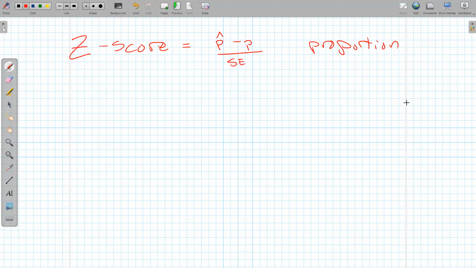So that's the calculation I just made. But we could have a z-score for a mean, which is pretty similar, same idea. It's whatever number I'm interested in minus the center divided by the measure of the spread. So it would be something like an x bar minus a mu divided by that standard error.